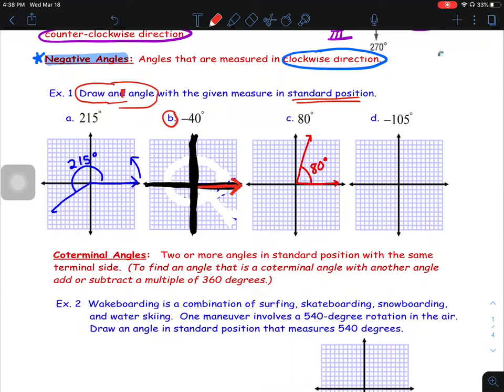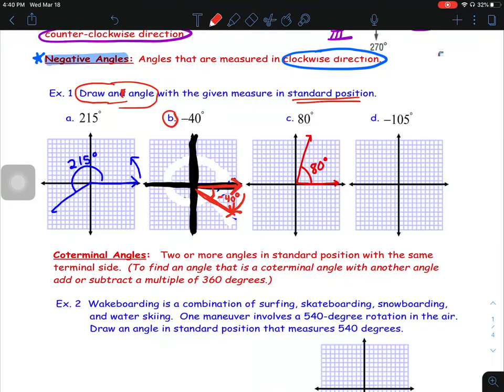The fact that it's negative tells us we need to move 40 degrees in the clockwise direction. Once again, keep in mind there's 90 degrees in every quadrant. 45 degrees would be about halfway through that quadrant, so 40 degrees would be a little bit shy of the halfway mark. I'm just going to roughly put it right there, and then right inside here, you can label negative 40 degrees. That would be drawing a negative 40 degree angle.